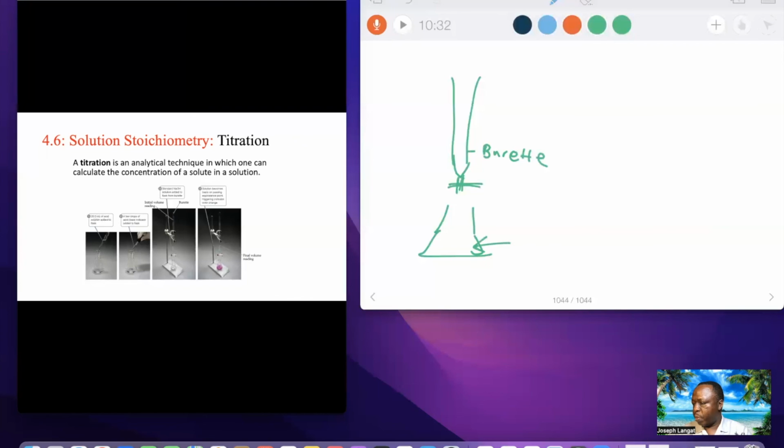And what goes in the flask under the burette is the analyte, what you are analyzing. What goes here is called the standard solution.